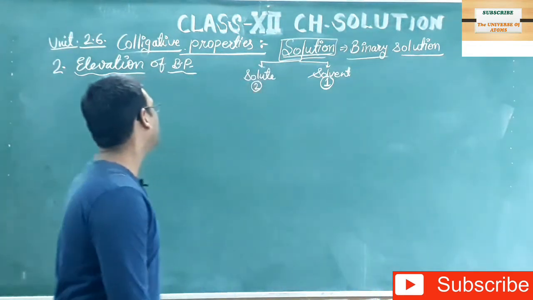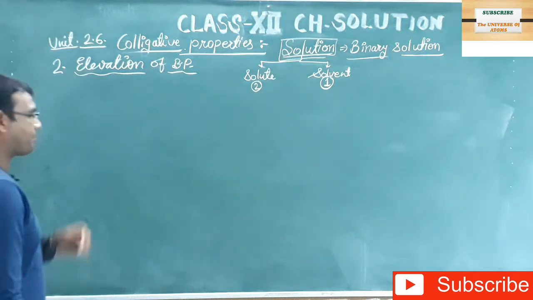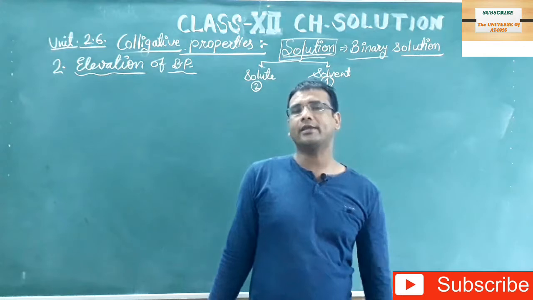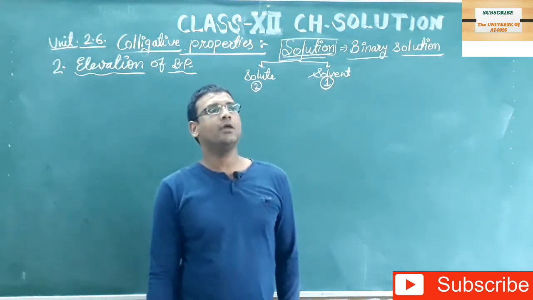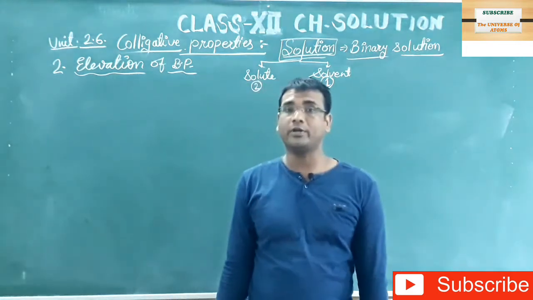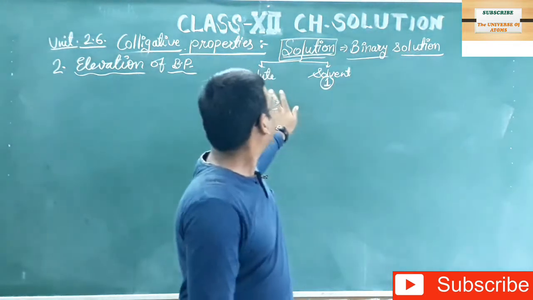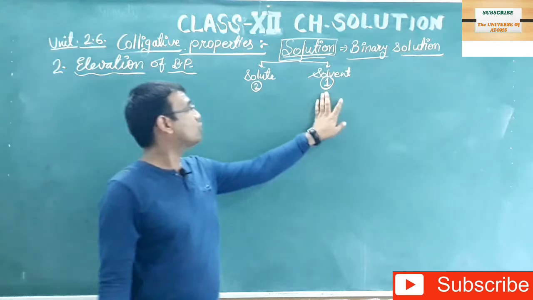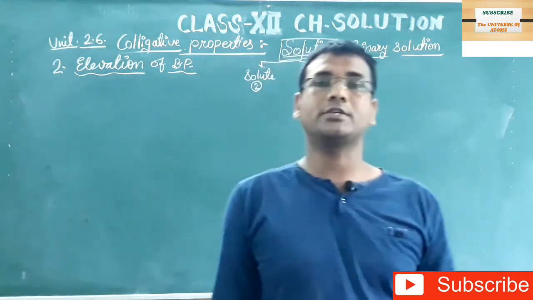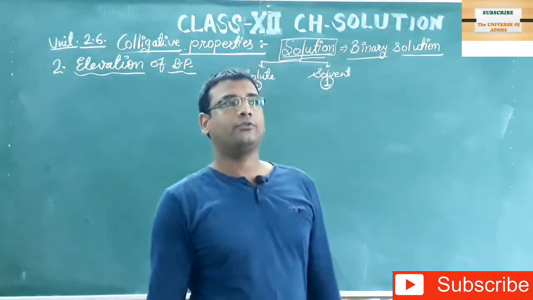Okay, boiling point. Now what happens when we make a solution, a mixture of two components, that is a binary solution, component 1 and component 2. For example, component 1 is the solvent and component 2 is the solute. In our syllabus we are discussing non-volatile solute.